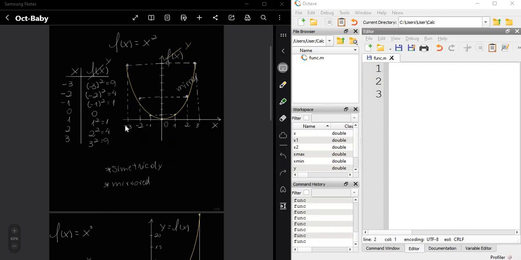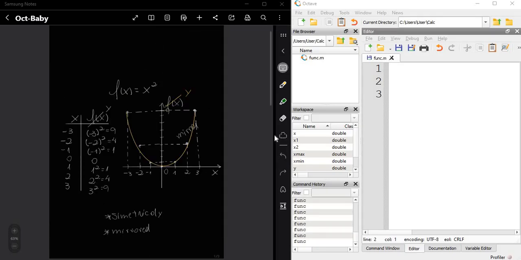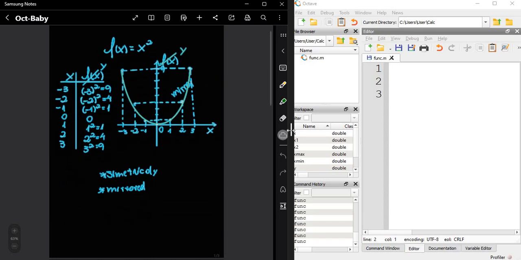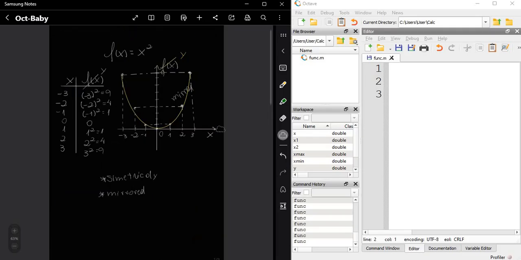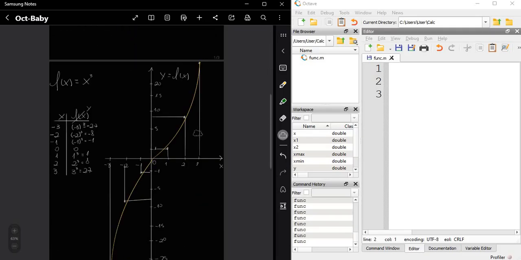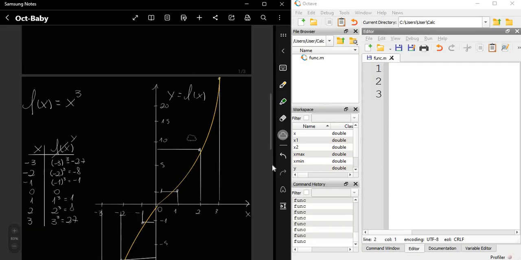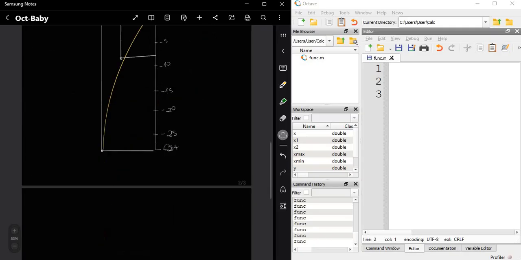Okay, so we start with this basic one, which is a function that you saw very often in your high school days. And as we are trying to get better, to do our best, now we are doing this also with this powerful tool, which is Octave.